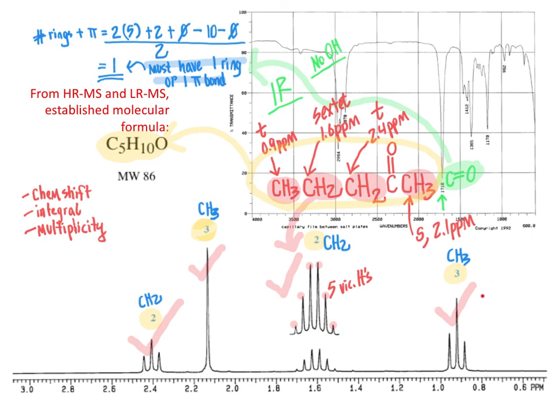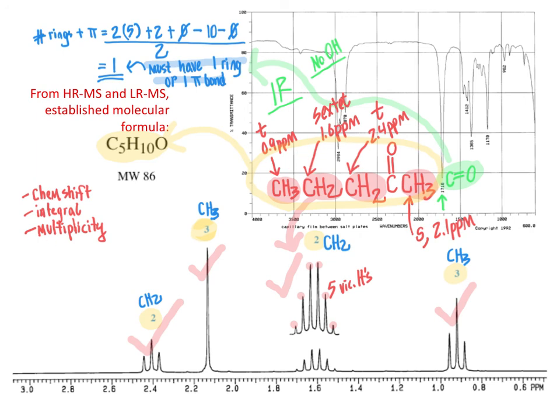And then finally, we come down to the bottom of the screen here, and we have our NMR spectrum. And the NMR spectral data makes sense in terms of the chemical shift corresponding to how upfield or downfield a signal is based on the presence of electron withdrawing groups nearby. The integrals make sense because they integrate to the appropriate numbers for CH3 and CH2 groups. And the multiplicities make sense based on counting the number of vicinal hydrogens.